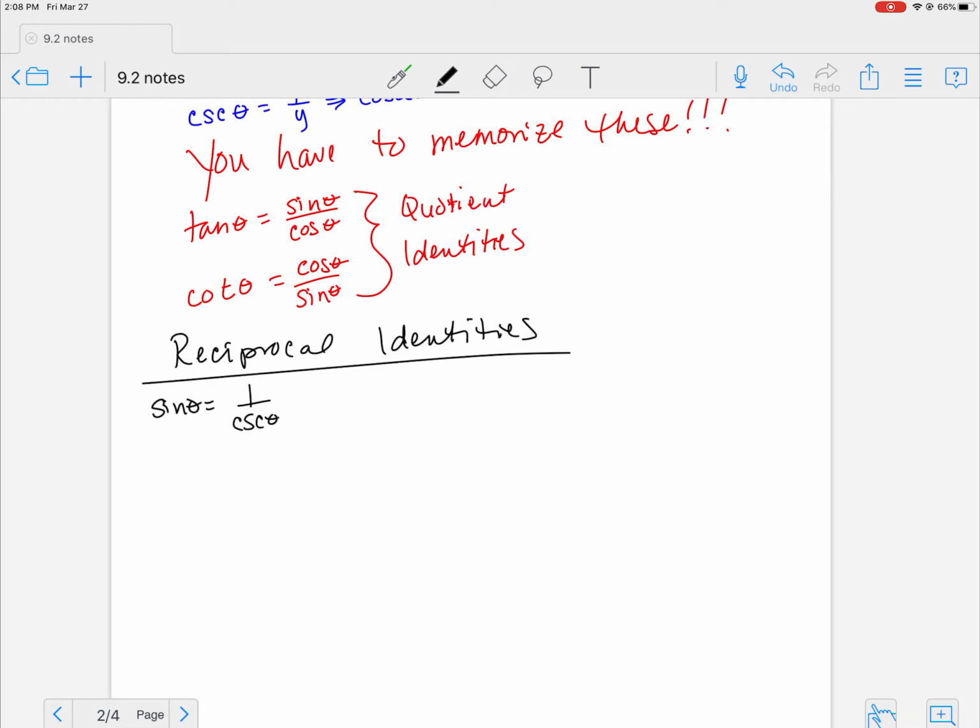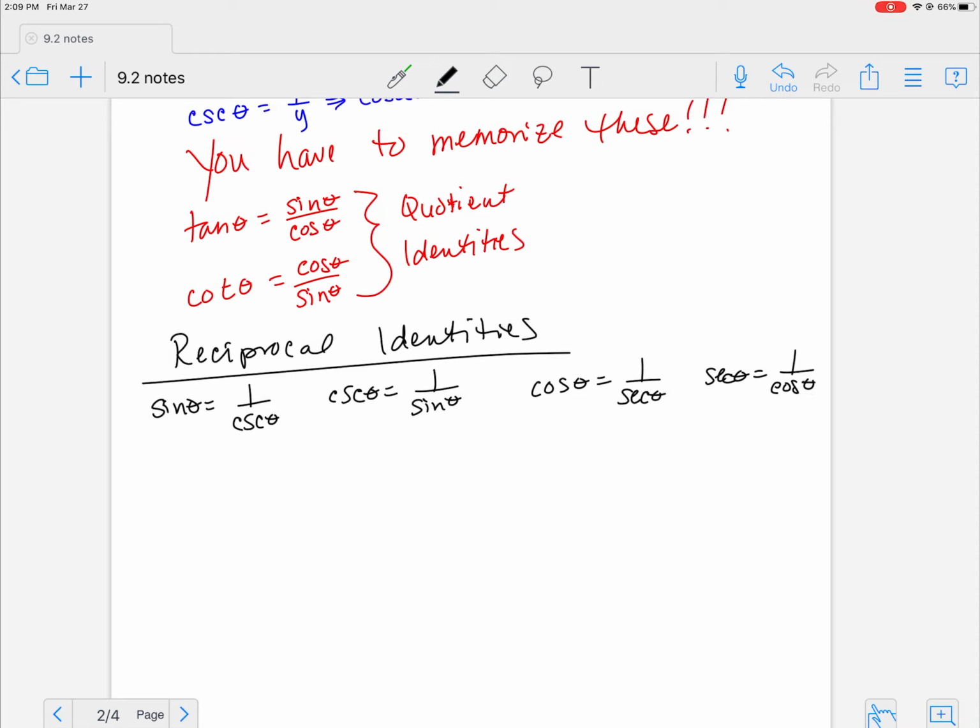So if one is a reciprocal of another, then it goes back and forth, right? So if I have the sine of theta, sine goes with cosecant, which in turn means that cosecant goes with sine. Either way, they are reciprocals of each other. Do you see what I'm getting at here? So sine and cosecant are buddies. Also, friends.